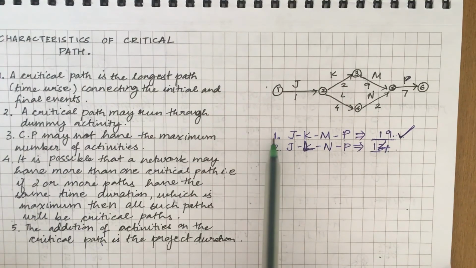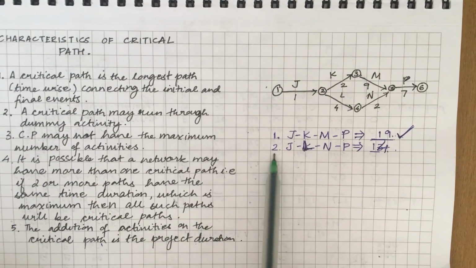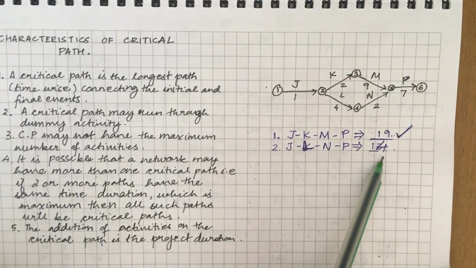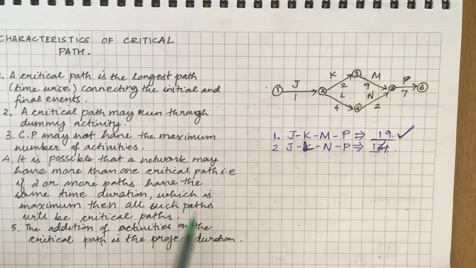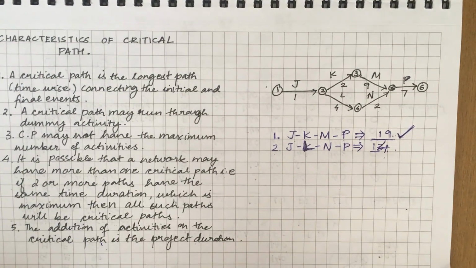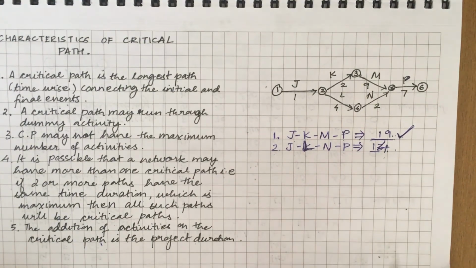So the first path has a duration of 19 weeks, while the second path has a duration of 14 weeks. So the path with 19 weeks is the critical path since it has the highest duration value. Also, this duration is also the project duration.